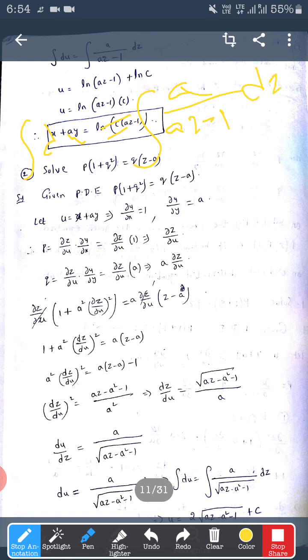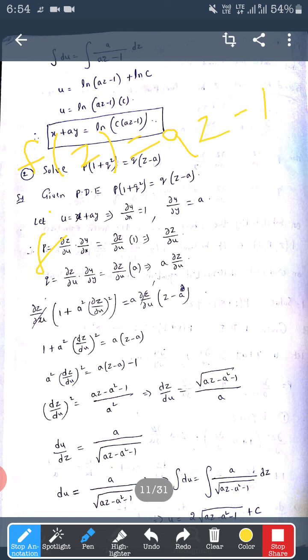Therefore, integral du is u, and integral a by (az minus 1) dz, plus a constant. This is of the form f dash x by f of x. That means if you assume f of z as az minus 1, then f dash of z becomes a.